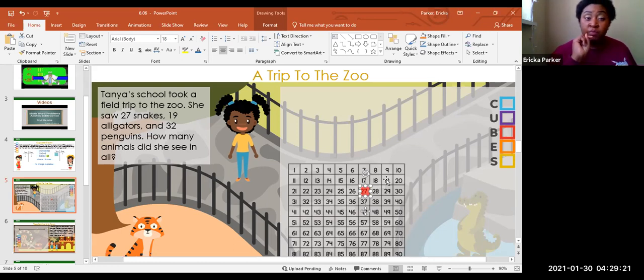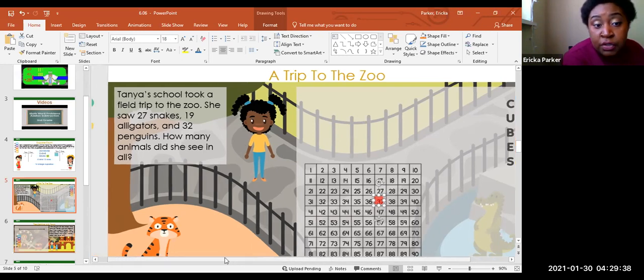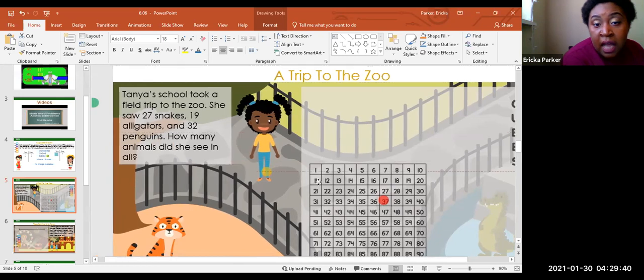How many tens are in 19? 1. So we jump 10 from 27, which gives us what? 37. Now we've got to get to how many more ones? 9. So 1, 2, 3, 4, 5, 6, 7, 8, 9.